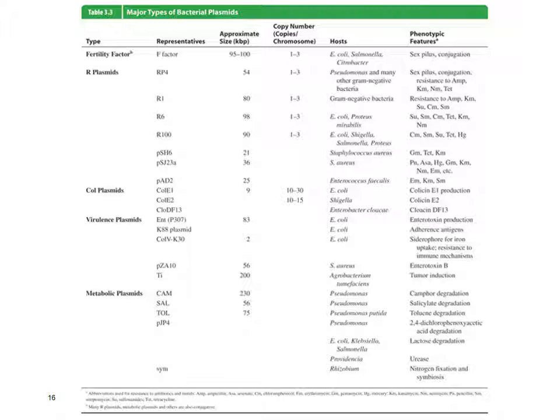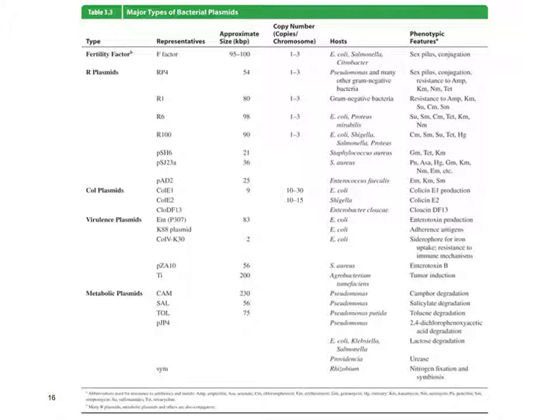The next type of plasmid on the list are the col plasmids, C-O-L, and these plasmids produce proteins that destroy other bacteria, usually closely related strains. So, for example, E. coli produce colicin bacteriocins, which are directed against other E. coli bacteria, and this may give the bacterial cell a competitive advantage.